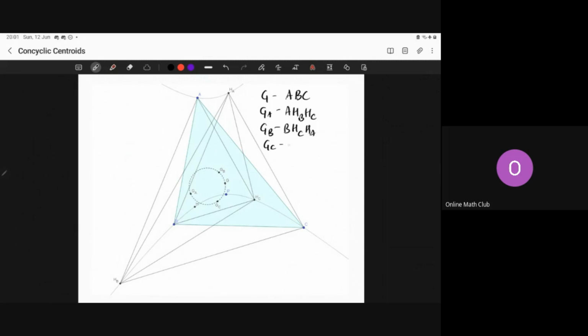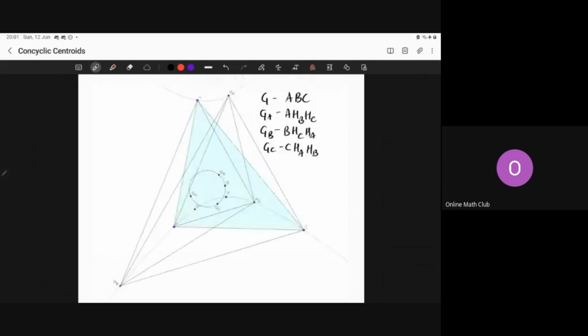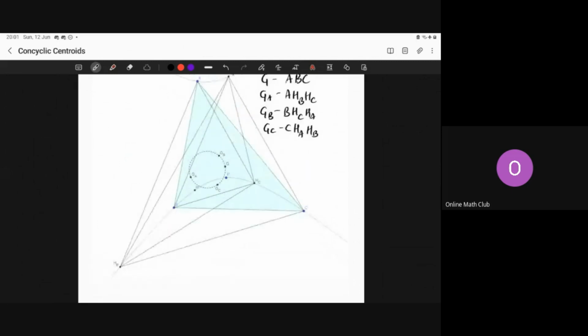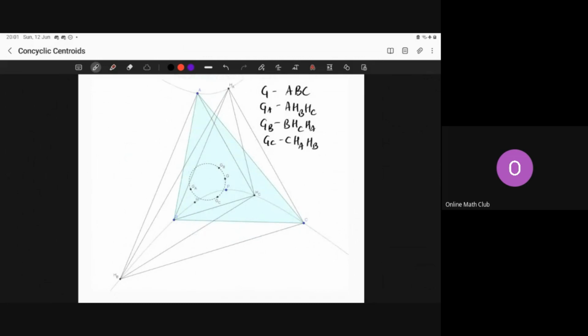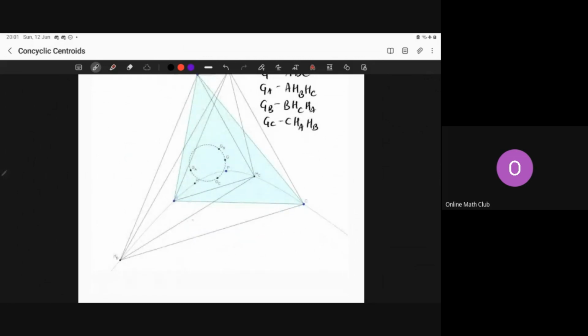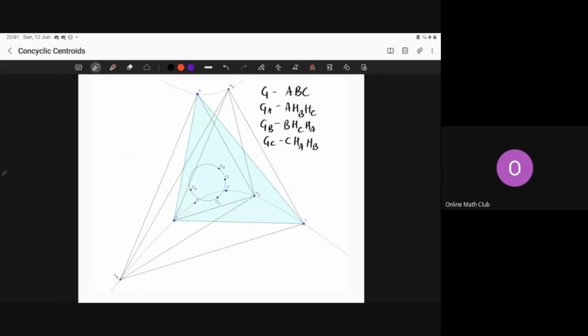And G_C is the centroid of CH_AH_B. First thing, this line AG_A. We'll take the midpoint of H_BH_C, let's call it M, and the midpoint of BC, let's call it N.